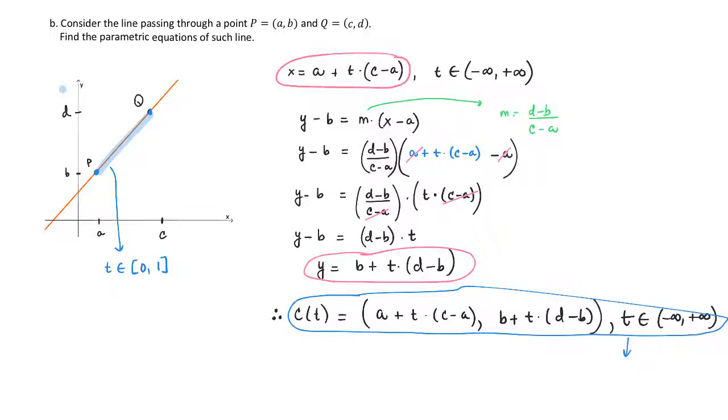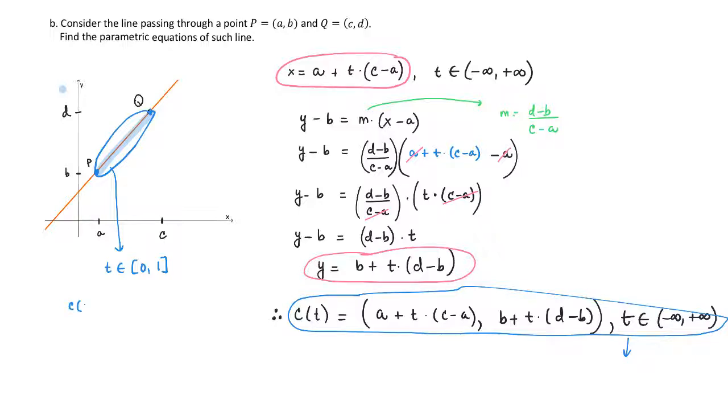Honestly, that's all that I need to do. If I restrict the parameter t to be between 0 and 1, including 0 and 1, I am only going to get this piece of my line. And a quick check will be checking the endpoints of the interval.